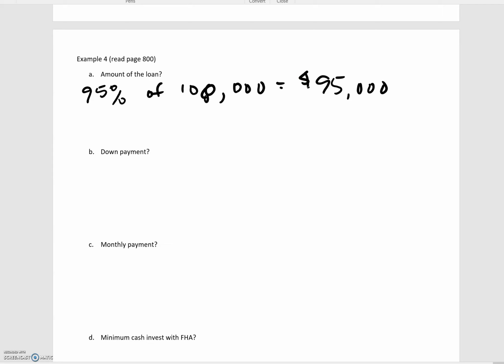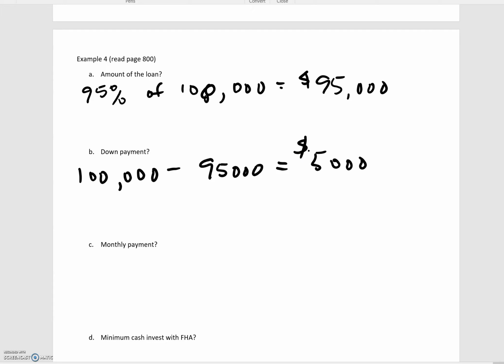So that means that you can do the down payment two different ways. The down payment is 5% of that $100,000, or you could just take the value minus the loan, and that's how much this person will have to bring to the table, which is $5,000 closing costs.